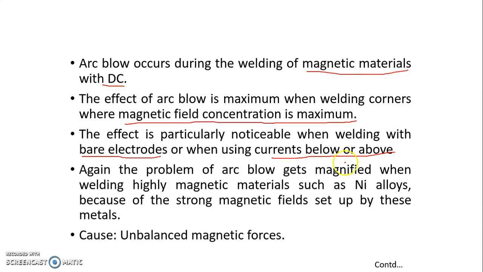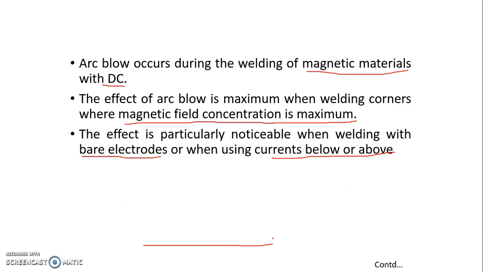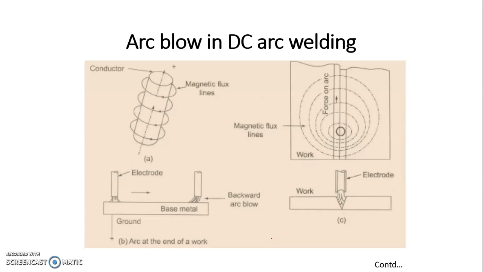The unbalanced magnetic forces in this situation cause the DC arc column to wander from what should be its normal position. The chance of magnetic arc blow is more in DC welding than AC welding. In this diagram, we can see this is an electrode, which is a conductor.